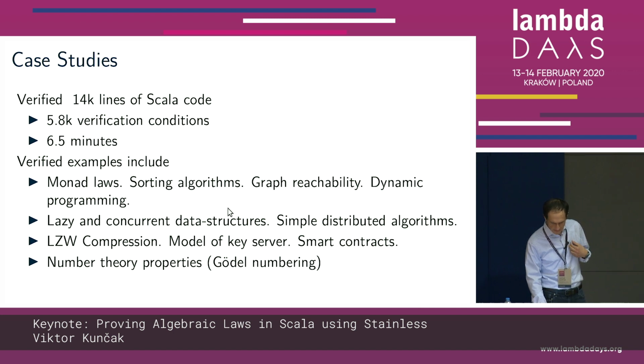A lot of our bigger examples are data structures. We have tried to map some Solidity contracts into models in terms of these pure functions. There's a verification challenge to build a kind of key server, with which we made some progress in verifying this. And you can formalize parts of mathematics as well if you want.